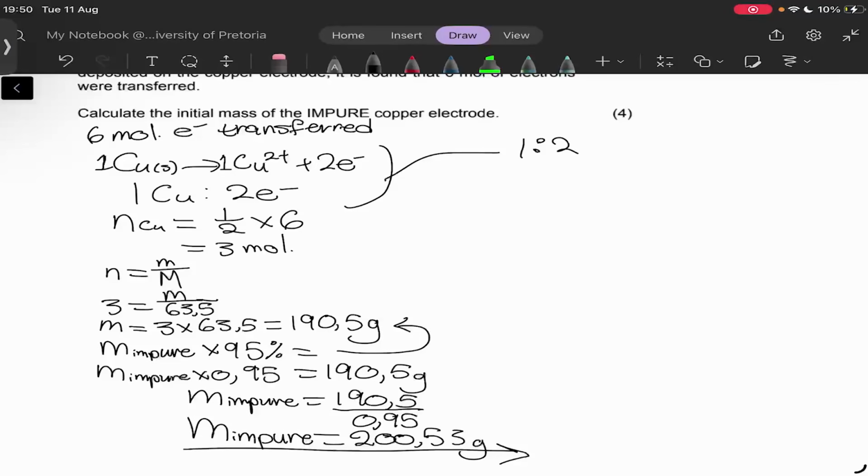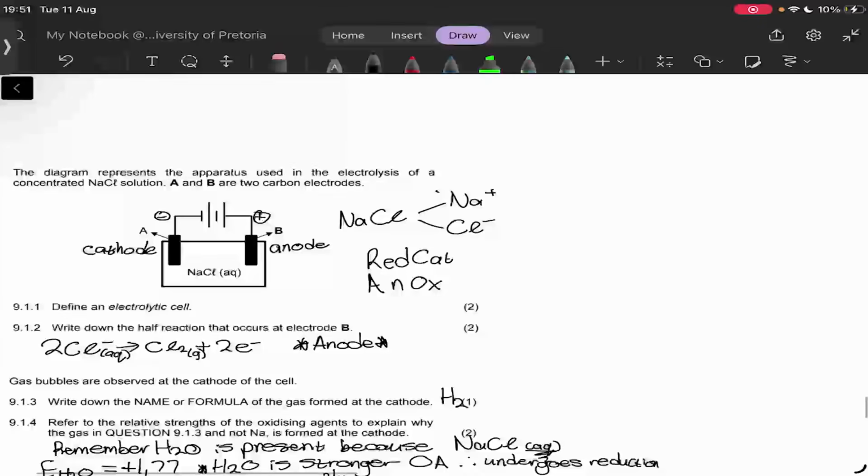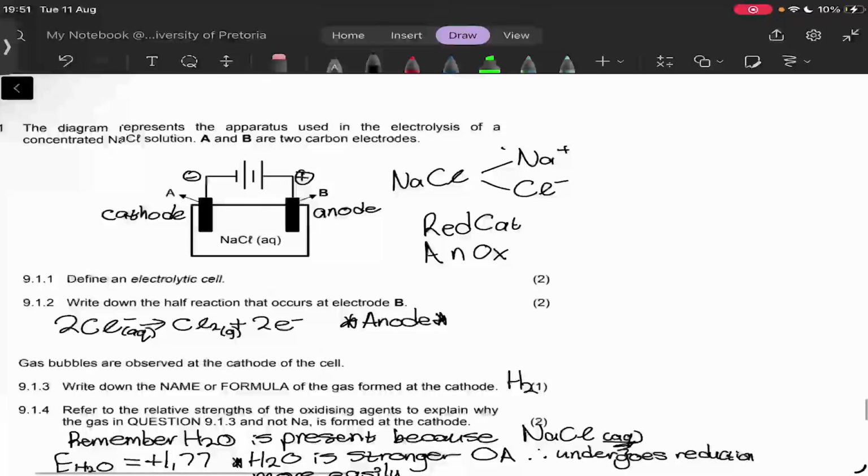The amount of mass of copper specifically that the impure loses is equal to the amount of mass that the pure electrode gains. But the total mass lost by the impure electrode includes the copper as well as the impurities. The impurities will likely settle to the bottom of the cell over there. Hopefully that answers your question.